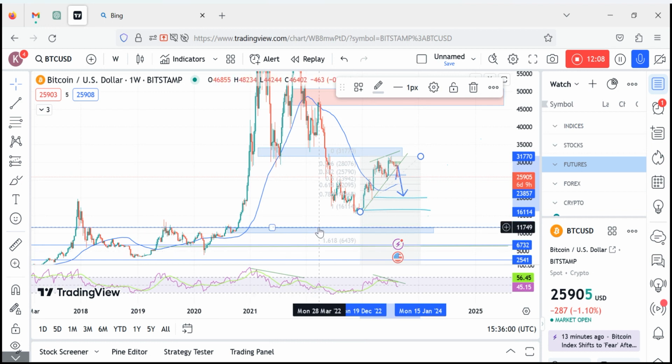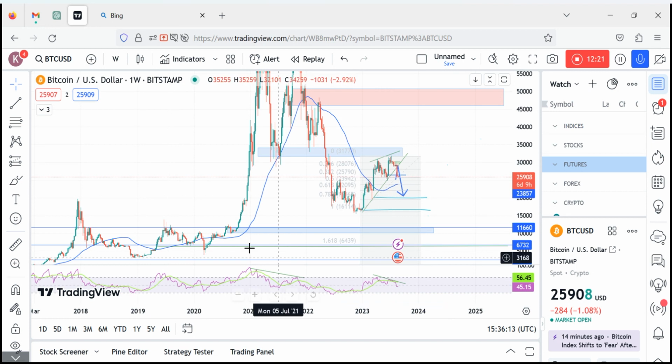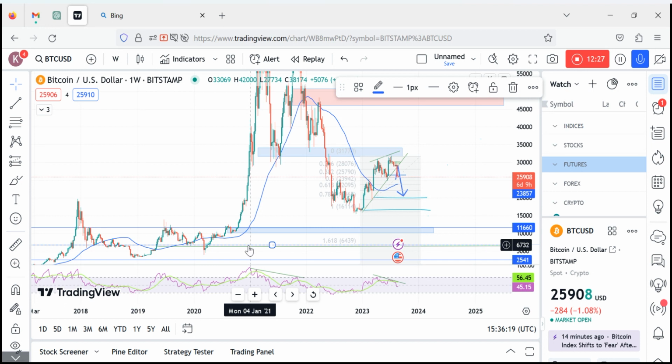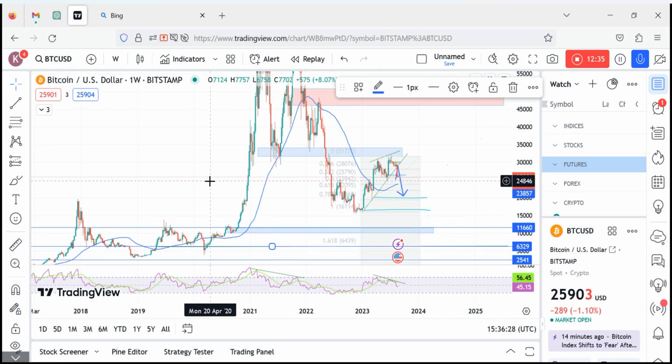After the $12,000 level, the second level I'm looking at is the 6,439 level. That is the level for the Fibonacci tool. So definitely, if these lows are taken, the market is likely to touch our 6,000 levels.